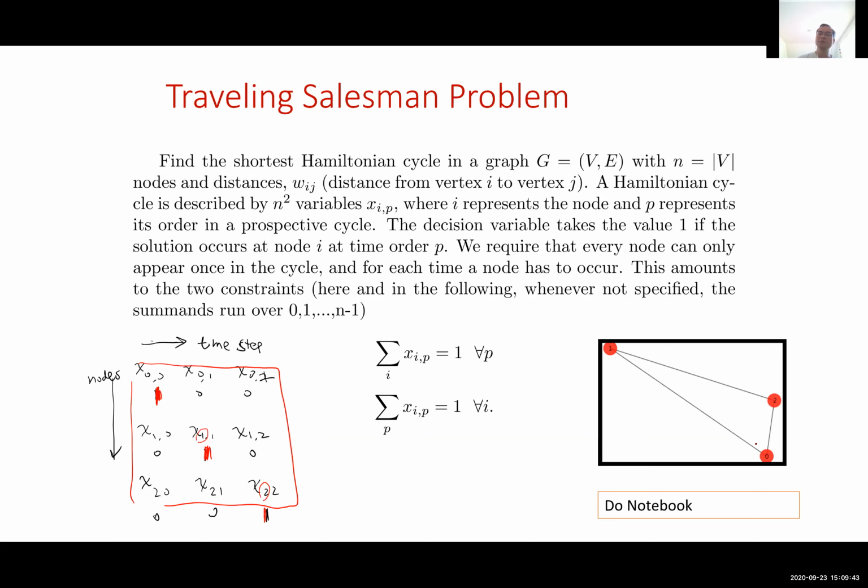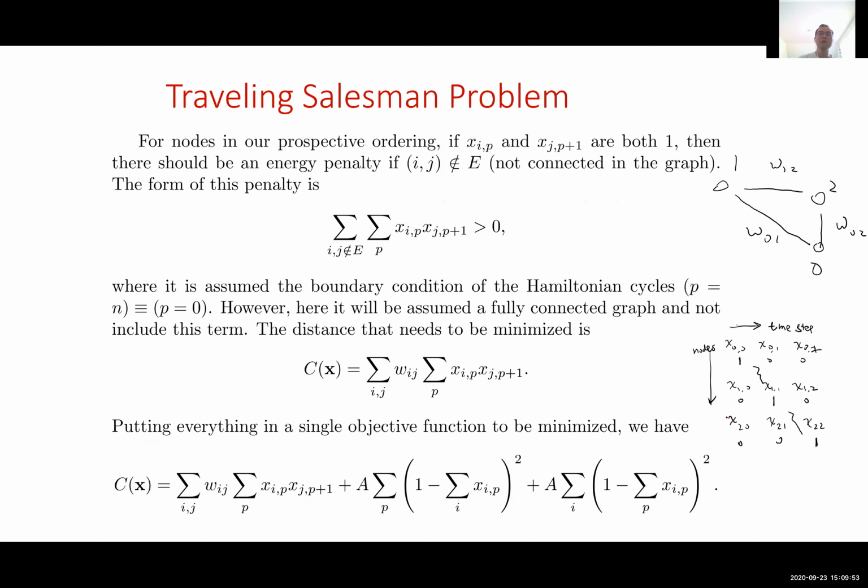Okay, but then what do we want to optimize? We want to minimize the time, right? In some sense, we want to minimize the total distance. The total distance is basically the weight on the edges, right? And this is very similar to what we had previously.